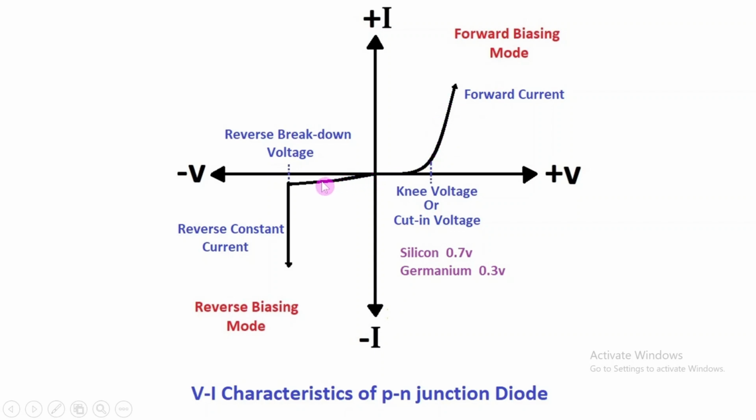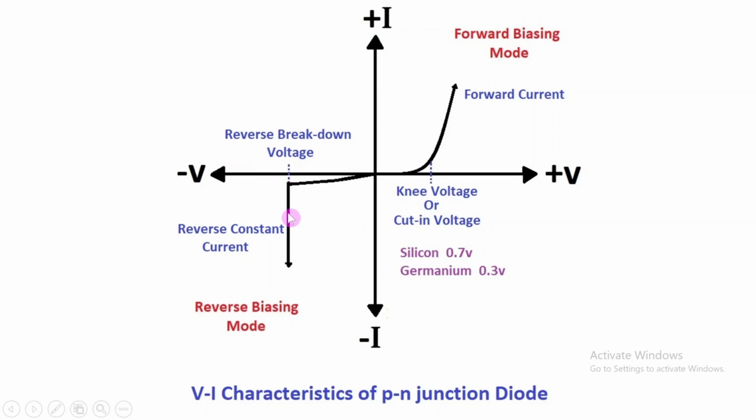Similarly, in reverse bias, if we increase the voltage, this is the peak inverse value, the voltage which is borne by the device. Beyond that, if we increase the voltage of the provided battery, then due to the electric field the bonded electrons will be knocked out of the atoms, and the current will be increased in this reverse direction.